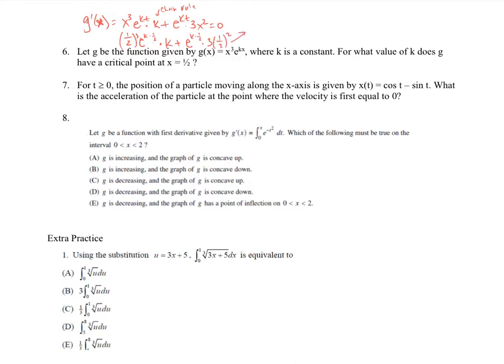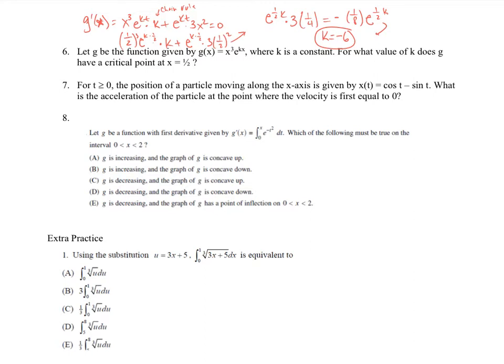All right, cleaning all this up, if I bring this one over to the other side, we're going to say e to the 1/2 k times 3 times 1/4 equals negative 1/8 e to the 1/2 k. So, cross multiply, solve for k, get rid of the e's. I'm saving space here for you guys, sorry. You'll get k equals -6. So that's the value of k where this will work.